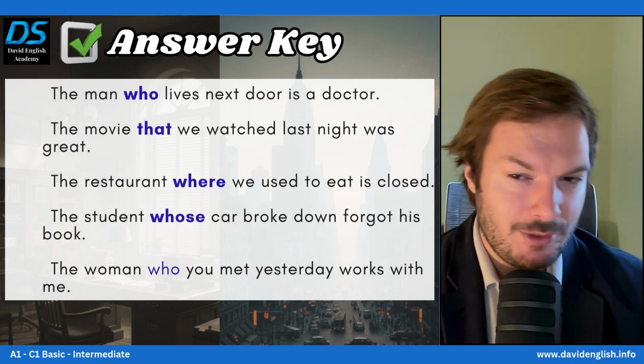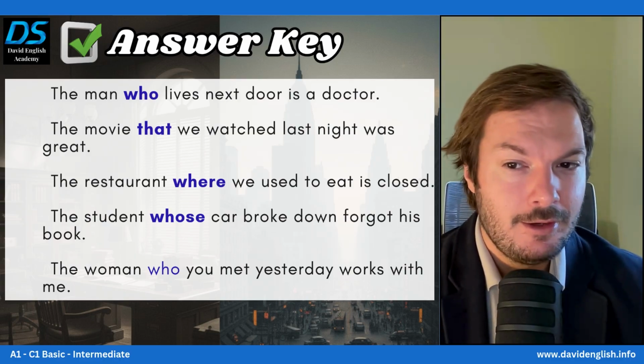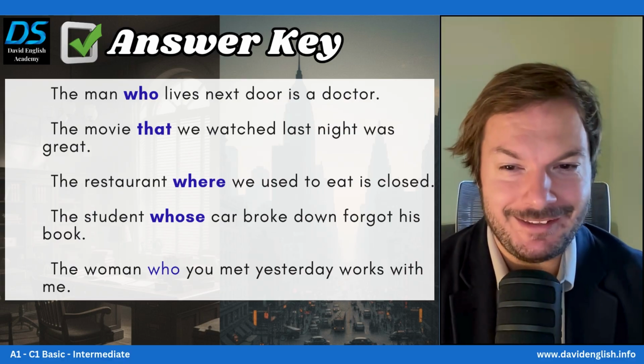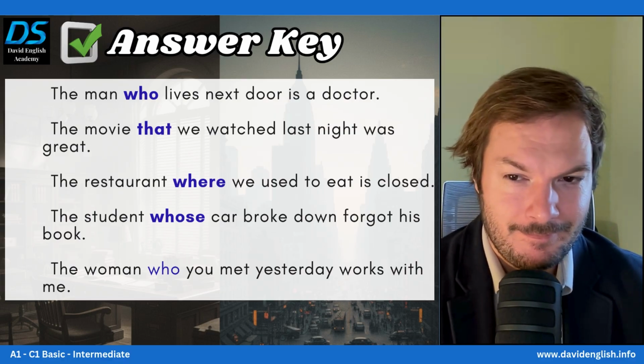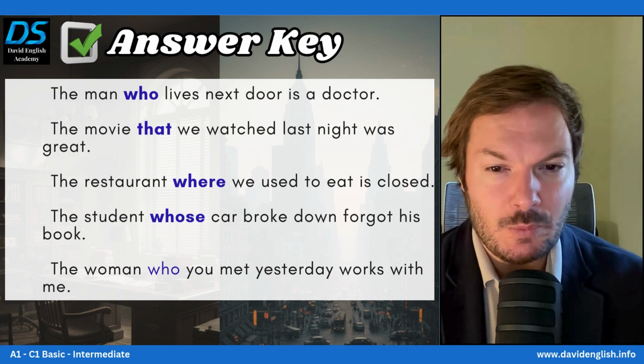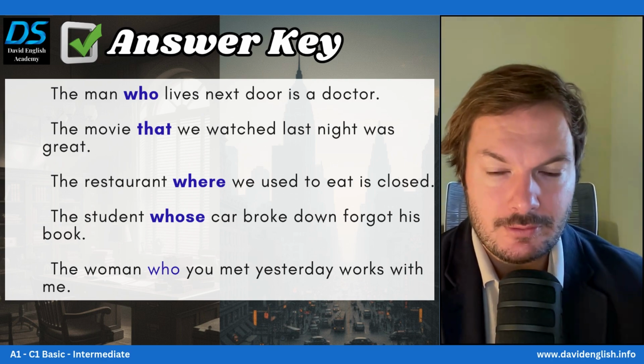Number 2, the second one. Let's see if you were correct. The movie that we watched last night was great. Number 3, the restaurant where we used to eat is closed.